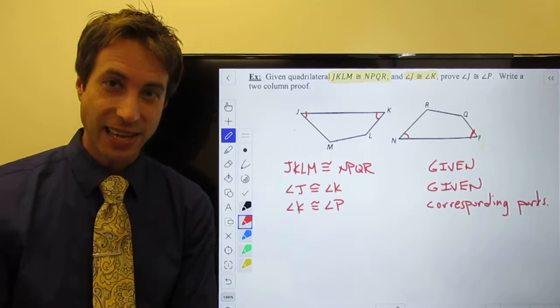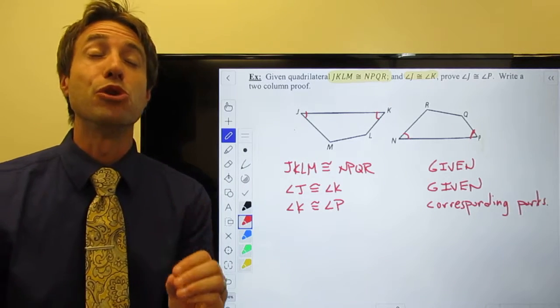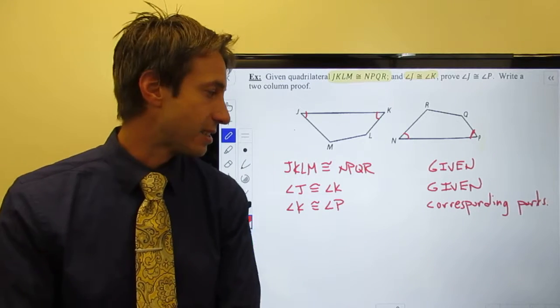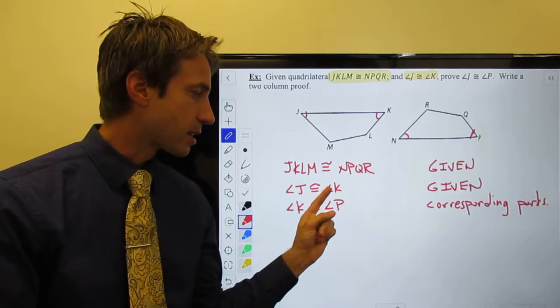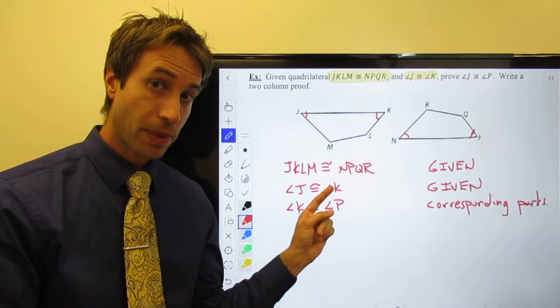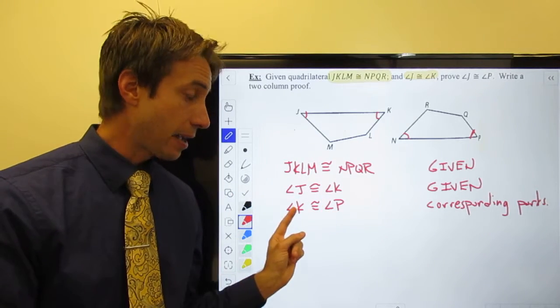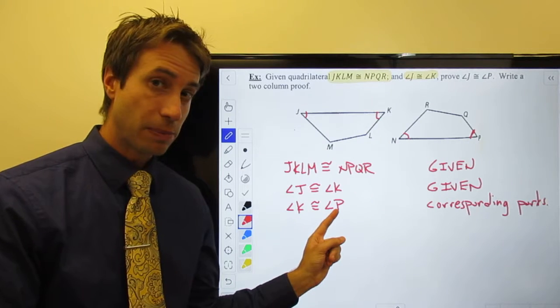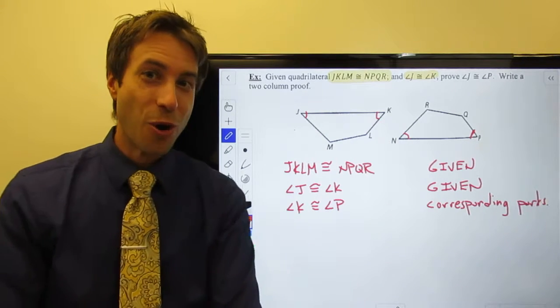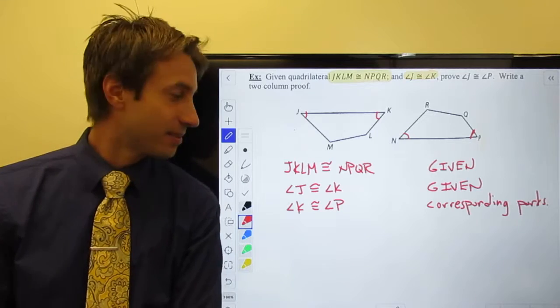You ready for this last step? Check this out. This is a beautiful, beautiful last step. If J is congruent to K and K is congruent to P, what do I know about J and P?